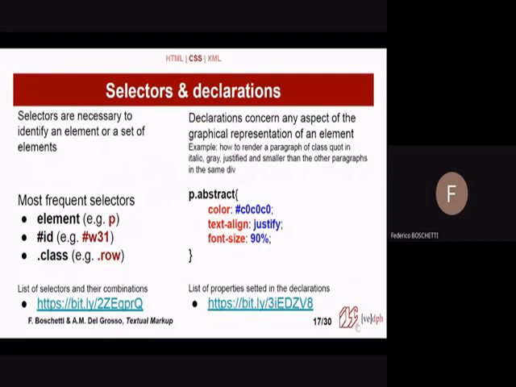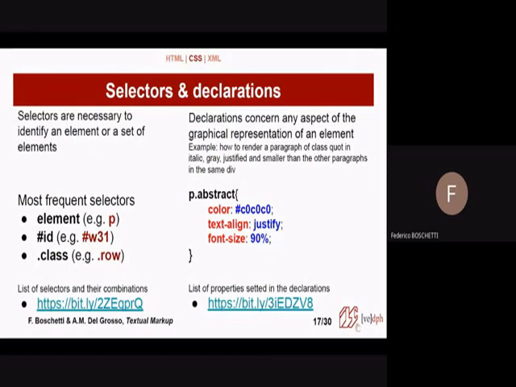Then we have the identifiers of specific elements. So the identifier is a specific attribute of the element, the attribute ID equals something, that must be unique inside the HTML page. For example, the first paragraph could have ID P1, the second paragraph P2, and so on.